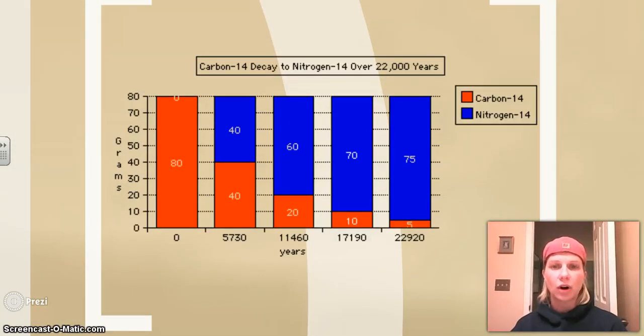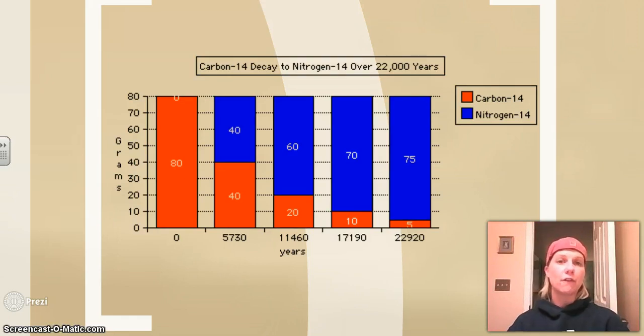So here is a graph to kind of help you understand what I'm talking about. The red material over to the left is the parent material, and that's carbon-14. So we see 100% or 80 grams, 100% of the carbon-14 in the rock or the fossil, whatever it happens to be. 5,730 years have passed.